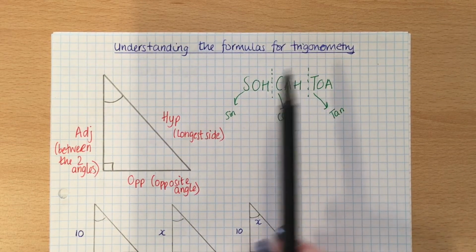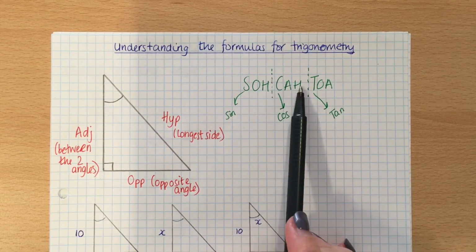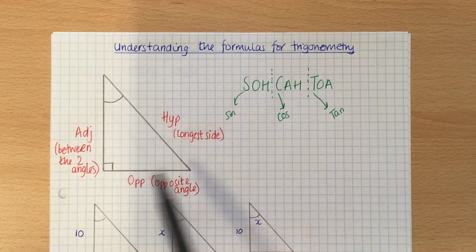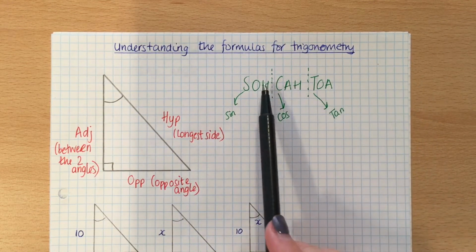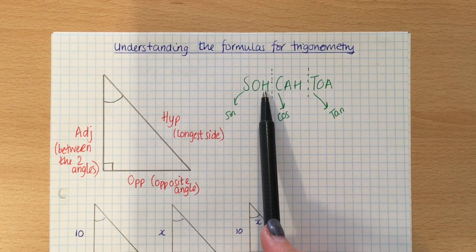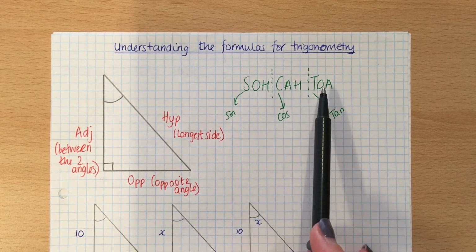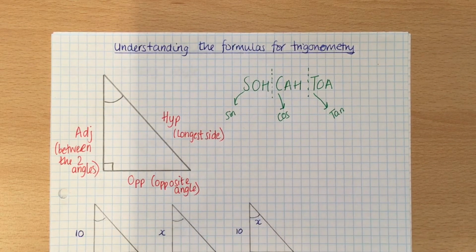The O, the H, the A, the H, the O and the A link to the sides of the triangle. O stands for opposite, H for hypotenuse, A for adjacent, so depending on what sides we're using within our triangle will depend on which of those parts we're going to use.